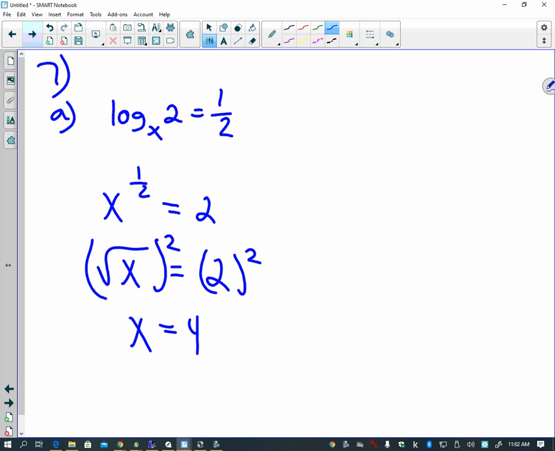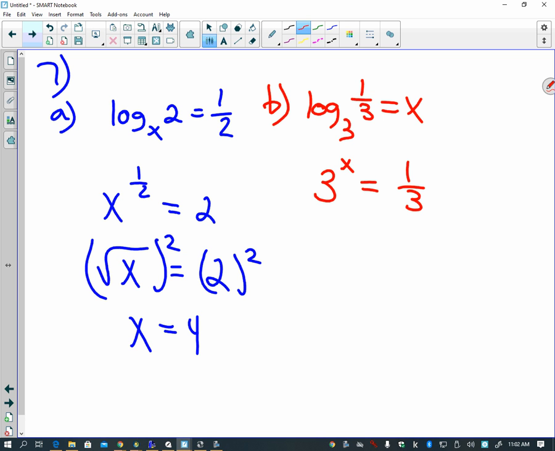That makes sense? Yes. Okay. B, we got log base 3 of 1/3 equals x. Again, convert it to exponential form. The 3 comes up, x becomes the exponent, 1/3 becomes the solution. Now, I want to get this 3 right here in the same position that my 3 is on the left.